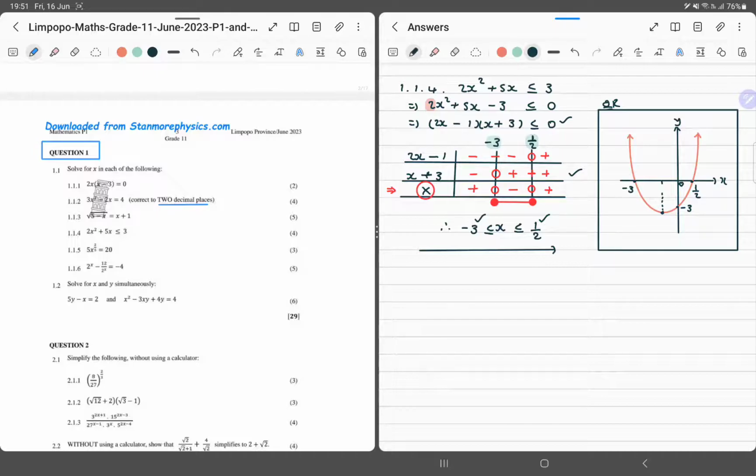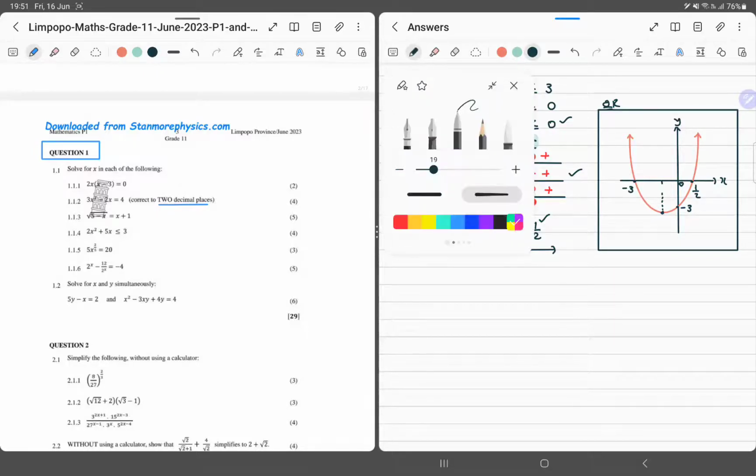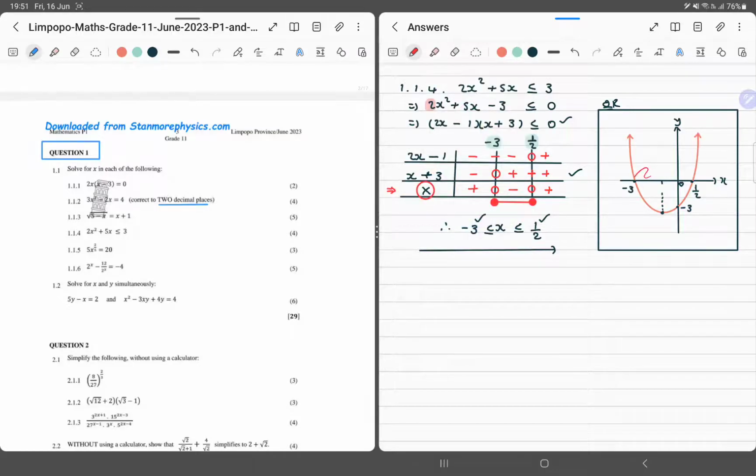And then now we ask ourselves, when is our graph equal to 0? Easy. It is equal to 0 at this critical value, and it's included, therefore. And it's also equal to 0 at this critical value, and it's included also.